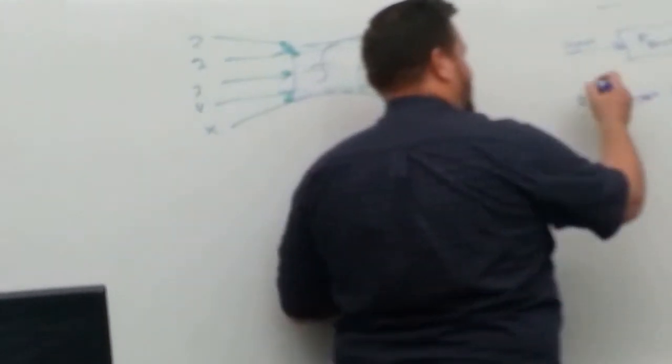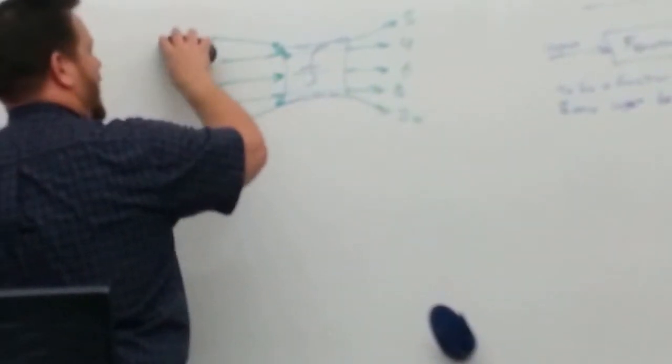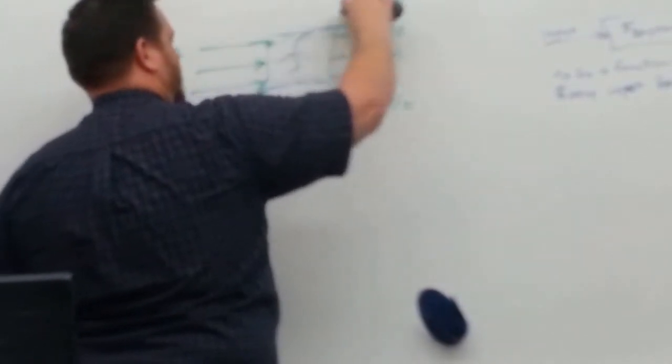So in order to be a function, every input has to have one and only one output. So plugging in a 2 and getting a 4, and plugging a 2 in again and getting a 5, is not acceptable.